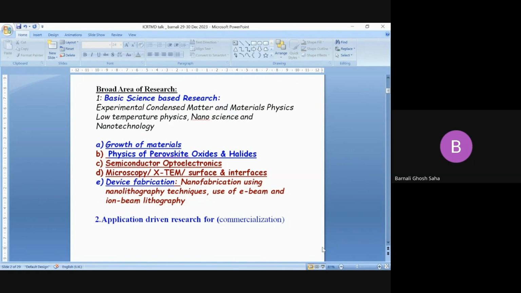In this basic science-based research, we are working on the growth of material, physics of perovskite oxides and halides, semiconductor optoelectronics, microscopy and cross-sectional surface and interface studies, device fabrication by nanofabrication using lithography techniques using E-beam and ion beam lithography. And along with the basic science-based research, we are also doing application-driven research for commercialization.